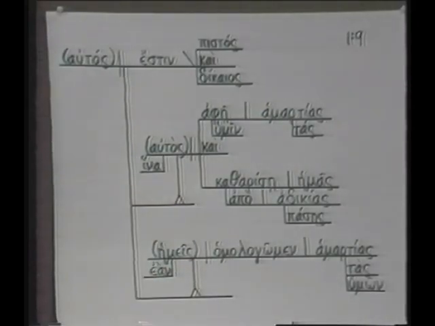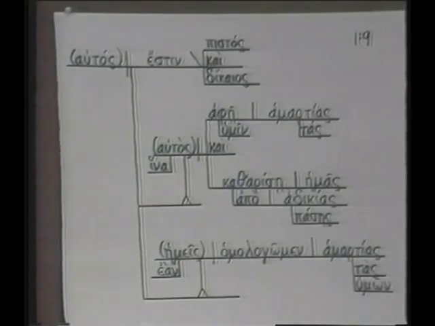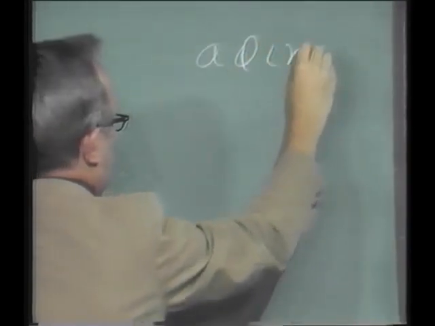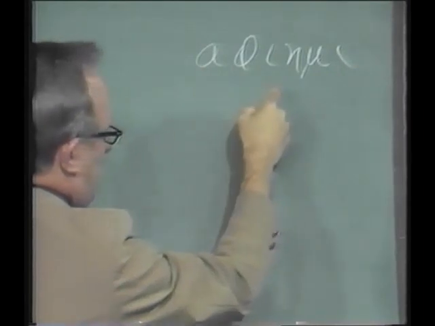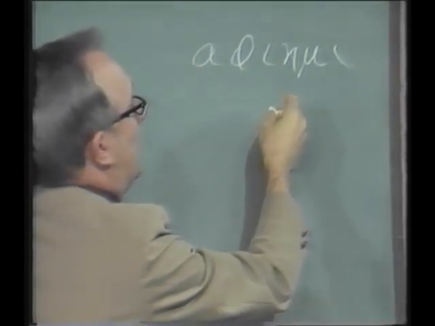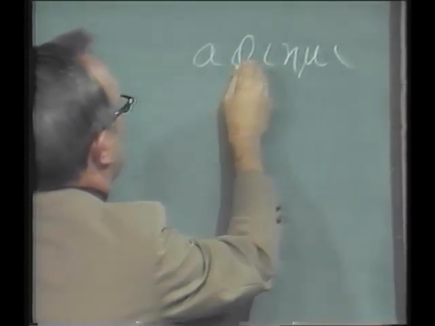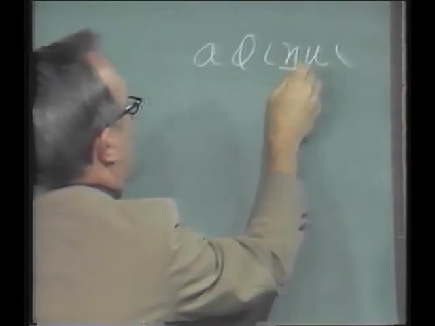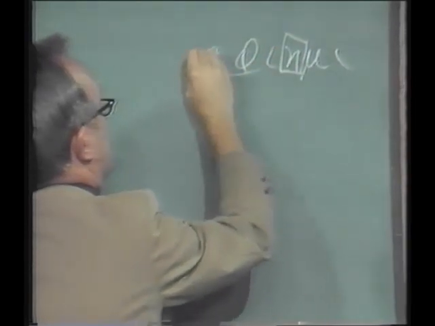This aphi here, we'll get that in another lesson. It comes from this word, aphimi. And the stem is really only this part right here. That's the stem. That's a preposition there.